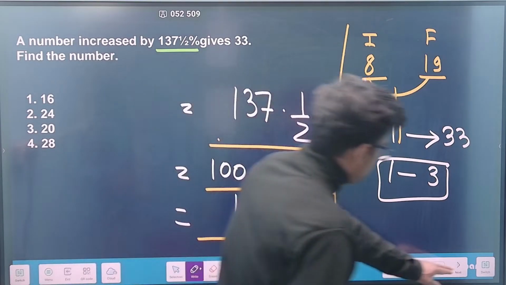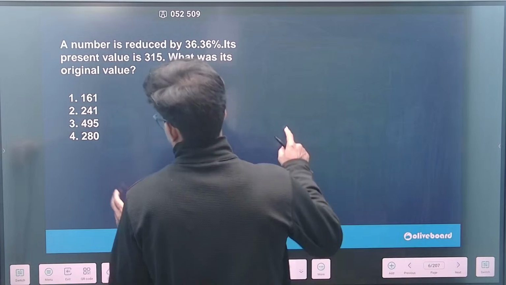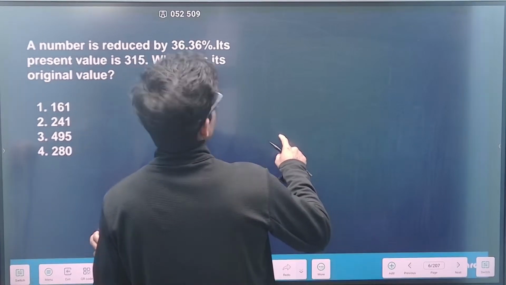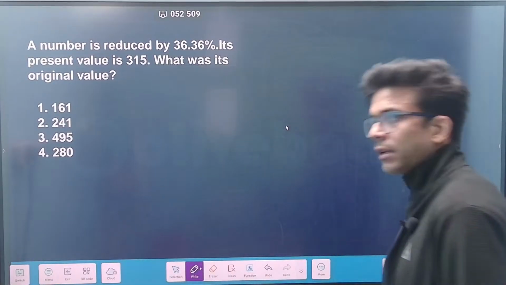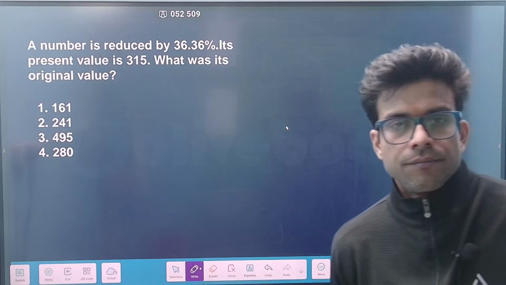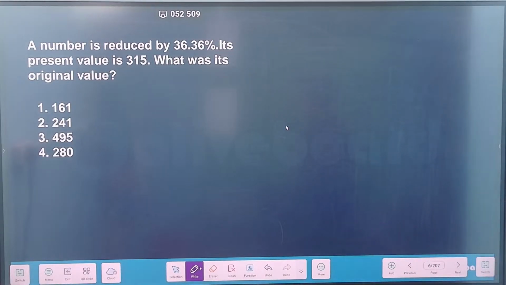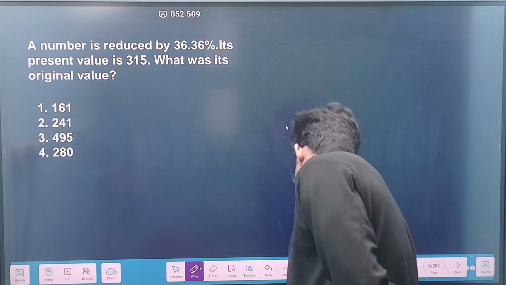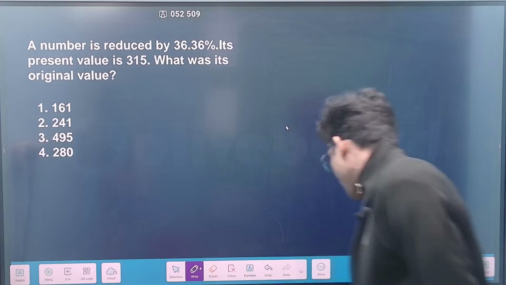Okay. Let's solve the next question. Come on, see. Basic question on percentages. Come on, solve this. Can you solve?